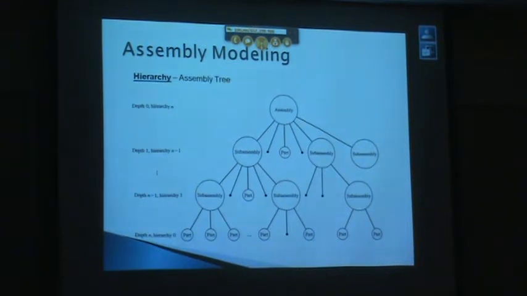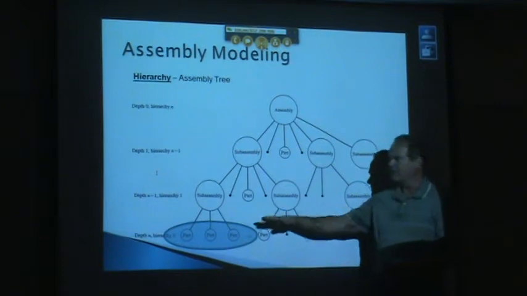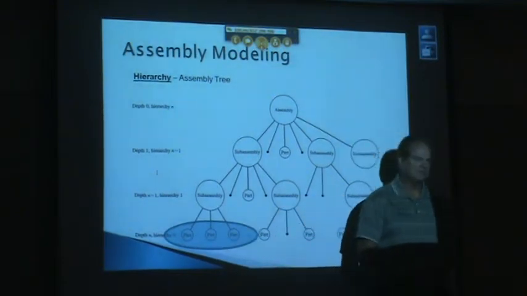So what is the hierarchy? Well, it leads to an assembly tree, something like this. This is an example straight out of your textbook. So there's a good discussion in there about the hierarchy of assemblies. It's pretty obvious that at the lowest point on any assembly tree, you're going to have individual parts.